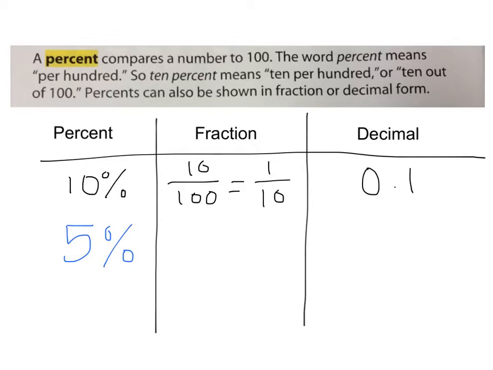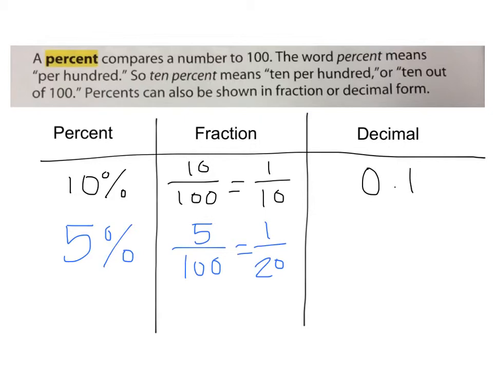So 5% means 5 out of 100. And how could I write that as a fraction? 5 out of 100. Ria? 5 hundredths. Can I simplify that? Yes. To what? 1 out of 20. Okay. So the fraction form is 1/20th.